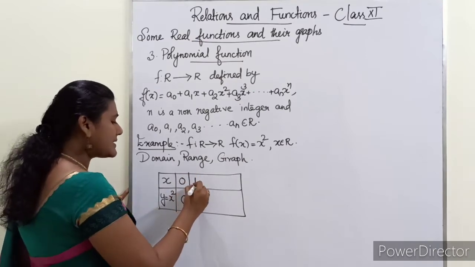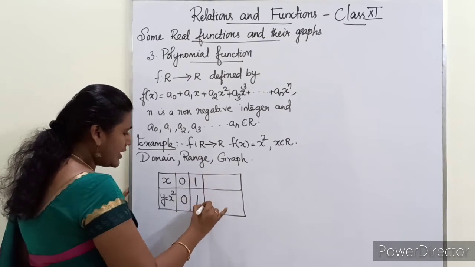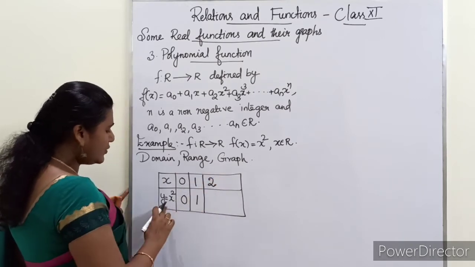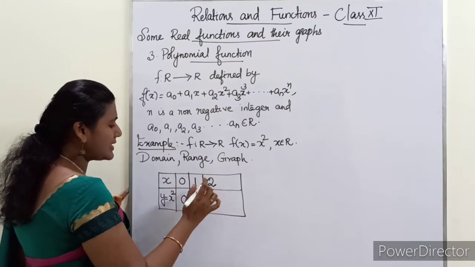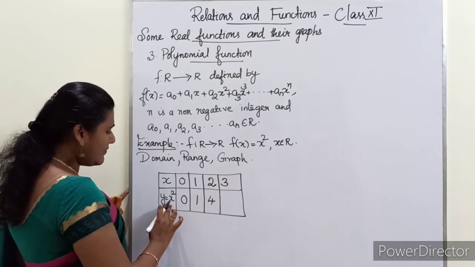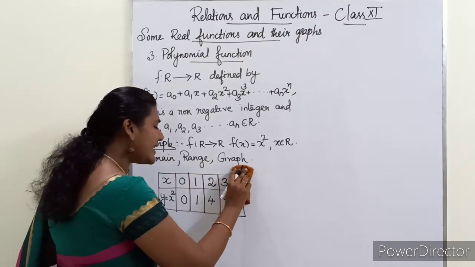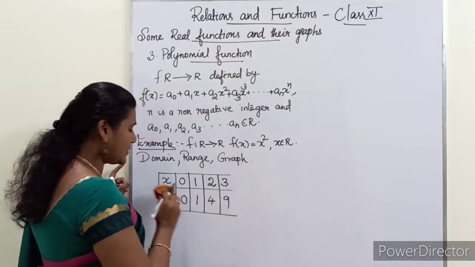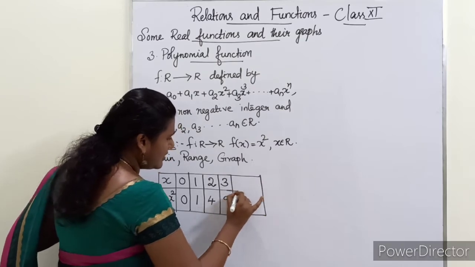If I take x is equal to 1, 1 square will be y, that is 1. If I take x is equal to 2, then y is 2 square, that is 4. If I take x is equal to 3, then y will be 3 square, that is 9, and we will take a few negative numbers also.